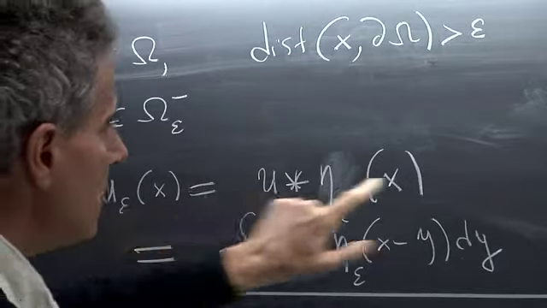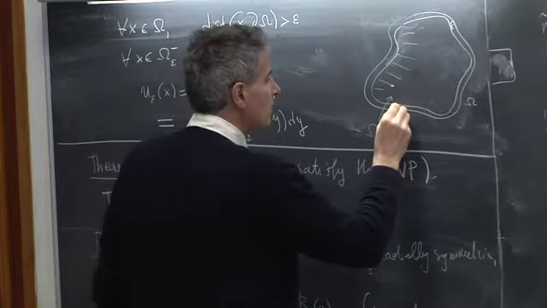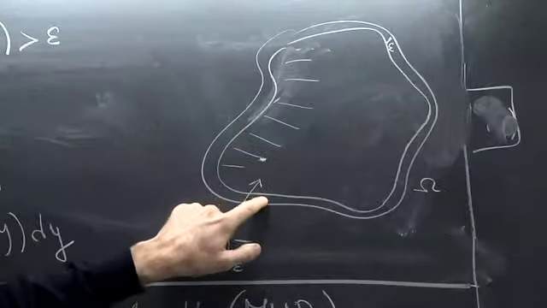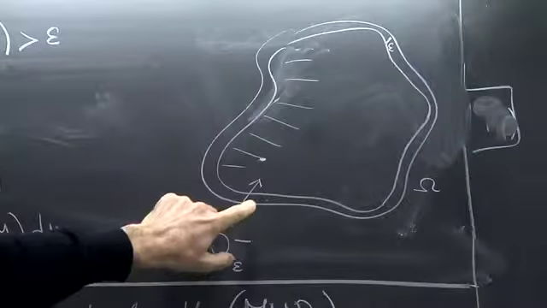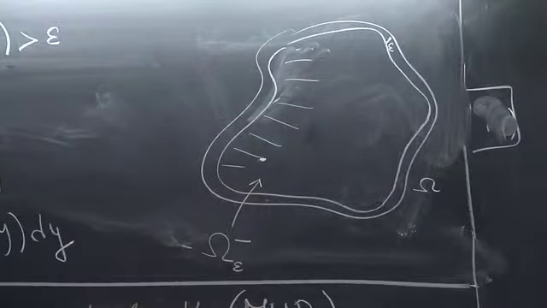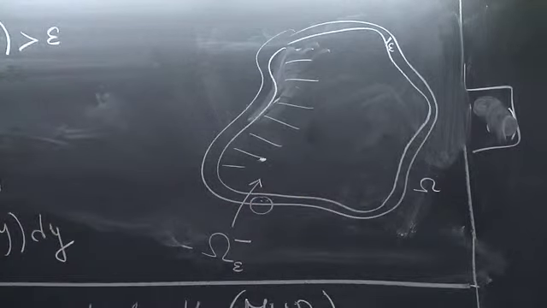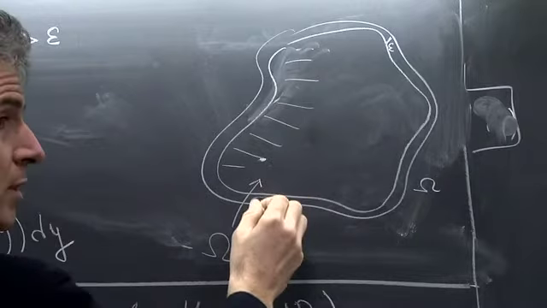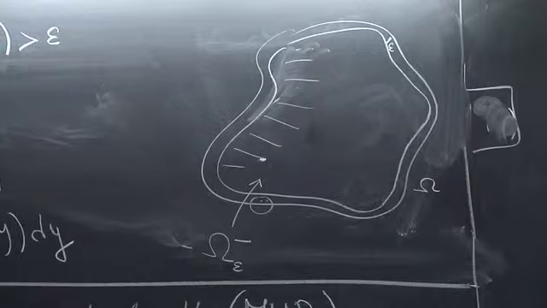Why am I taking x in this set? Well, because it is obvious that if I take x here, for instance, then I am involving values of u, so I'm actually integrating. The convolution is like integrating in a small ball centered at x of radius epsilon. So I go outside omega and u is not defined anymore.